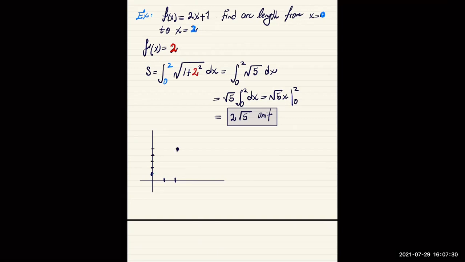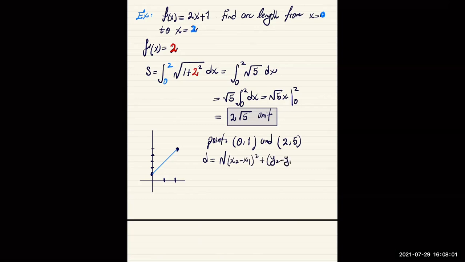Okay, we want to find this distance. Okay, so the points are (0, 1) and (2, 5). Go back to elementary school. The distance formula is equal to the square root of x2 minus x1 squared plus y2 minus y1 squared.